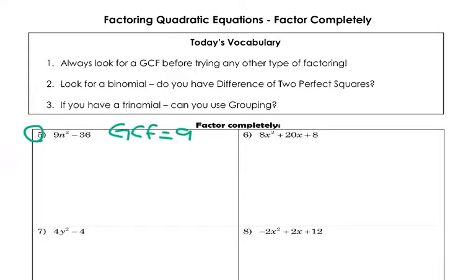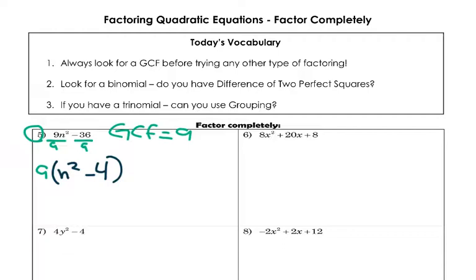So if I divide everything by 9, I would have 9 inside parentheses, 9n squared divided by 9 would be n squared, minus 4. And I would continue to look at this and say, can I factor this anymore? Well, does this have a GCF? N squared minus 4, they don't have a GCF.